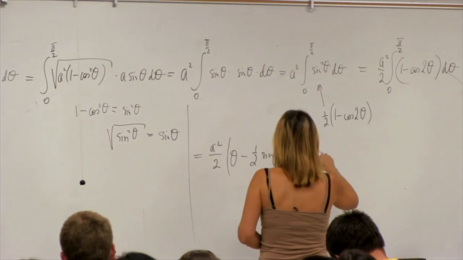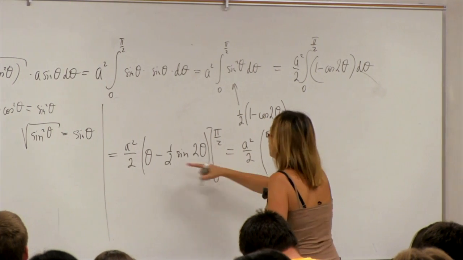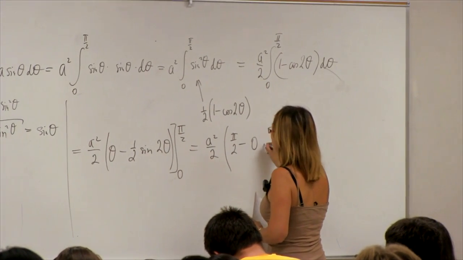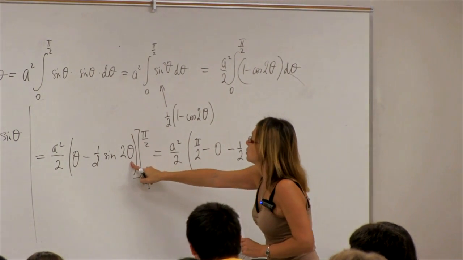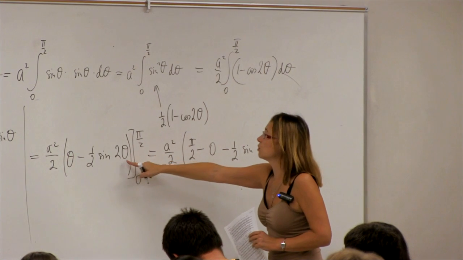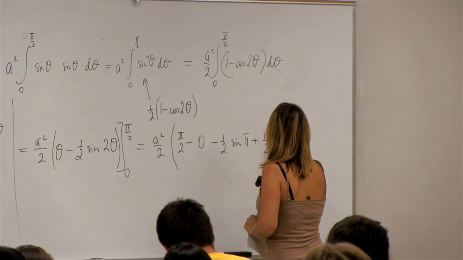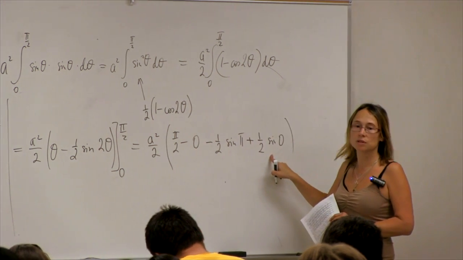So a squared over 2. So I have pi over 2 minus 0 minus 1/2 sine. So instead of theta, I substitute pi over 2 times 2. So sine pi plus sine of 0. What happens to sine of pi and sine of 0?